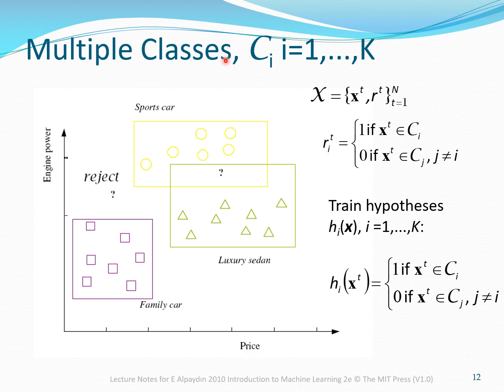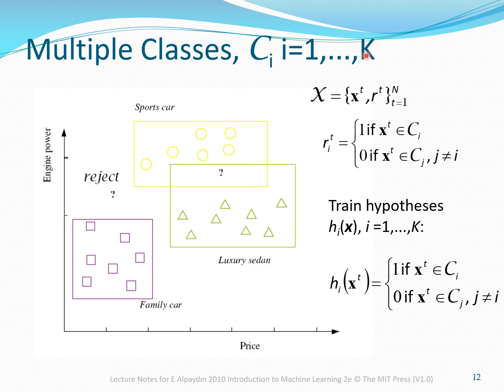Multiple classes. In our example of learning a family car, we have positive examples belonging to the class family car and negative examples belonging to all other cars. This is a two-class problem. In the general case, we have K classes denoted as Ci, where i equals 1 to K, and an input instance belongs to one and exactly one of them.